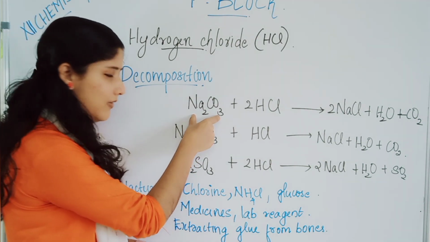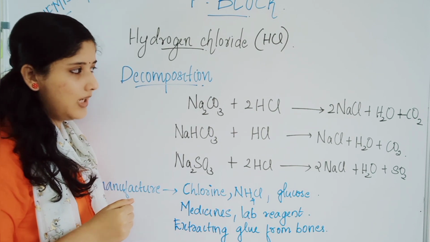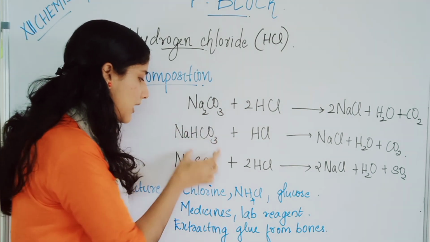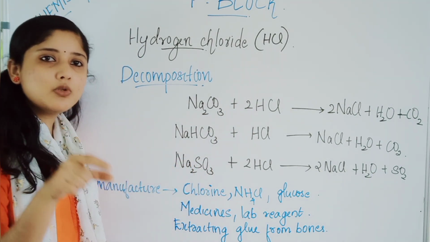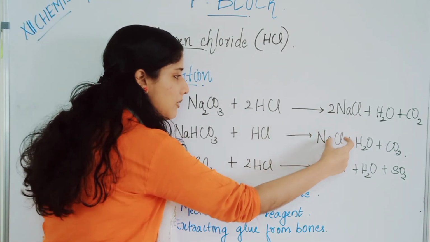Sodium carbonate will react with HCl to form sodium chloride, NaCl. All these carbonates, hydrogen carbonates and sulfites will decompose in the presence of HCl to form sodium chloride. Remember like that.